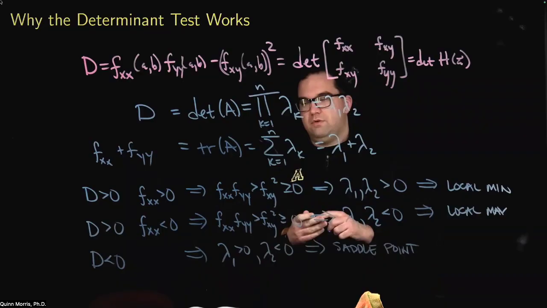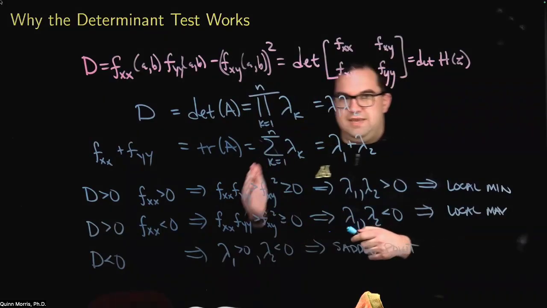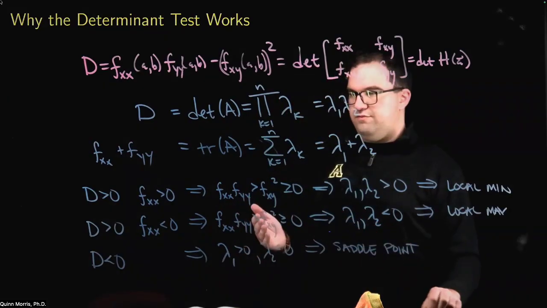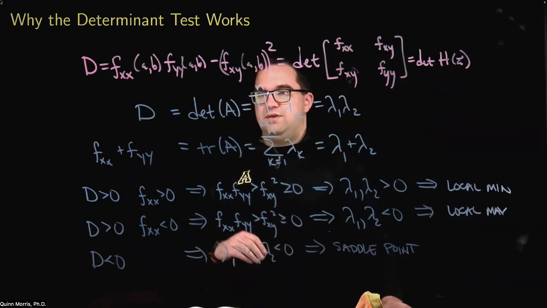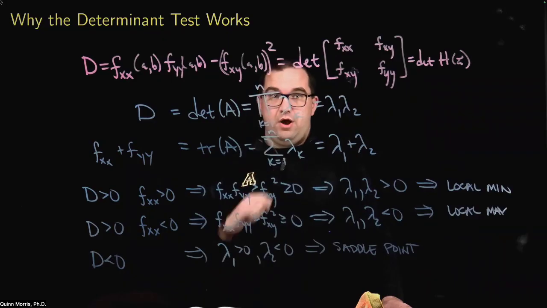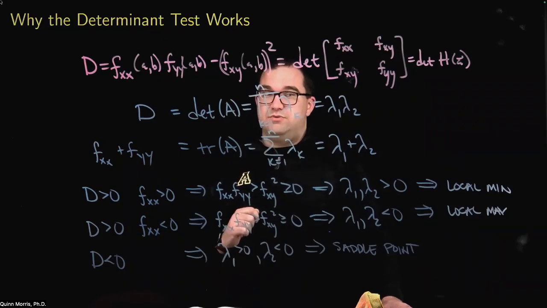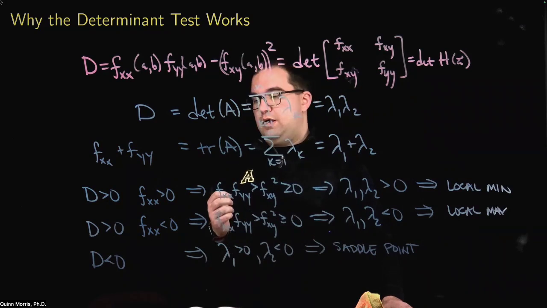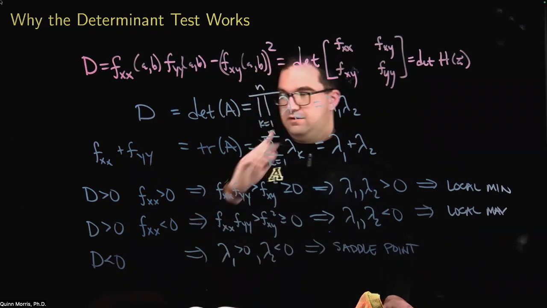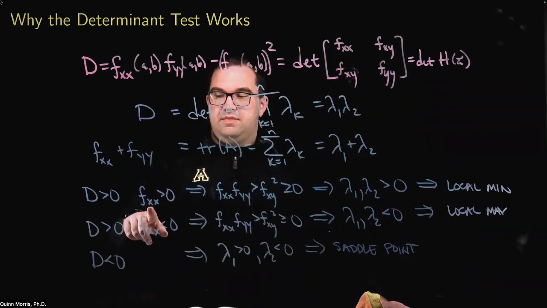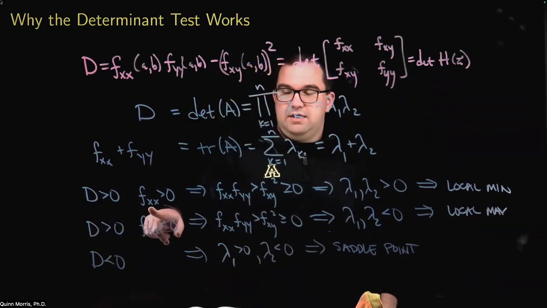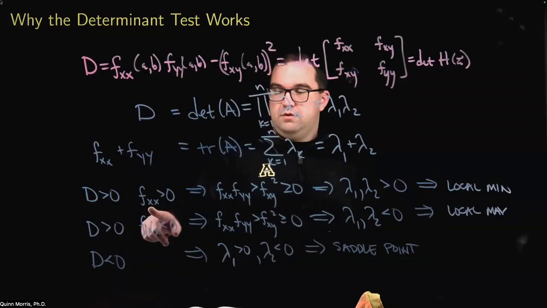Okay. Now, again, there's also the inconclusive case. So if you're not in any one of these cases, the only way that can happen is either this determinant is 0. That means one of your eigenvalues is 0. Or your determinant is positive, but then one of these here is 0.